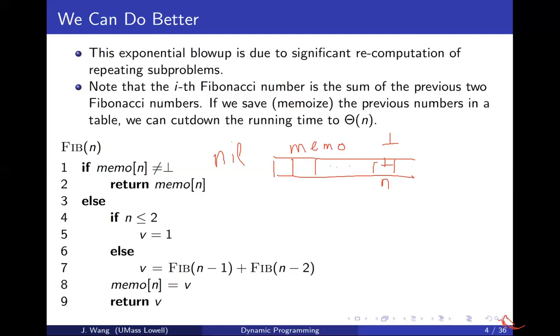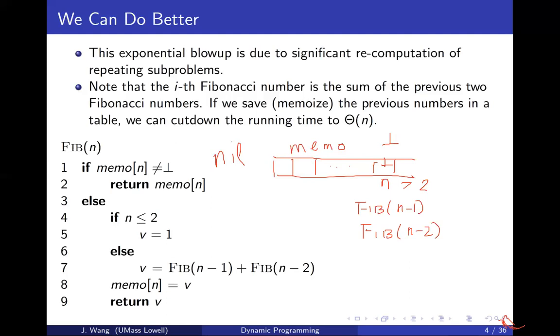Let's say this n is greater than 2. Then, of course, we're going to compute fib of n minus 1 and fib of n minus 2.